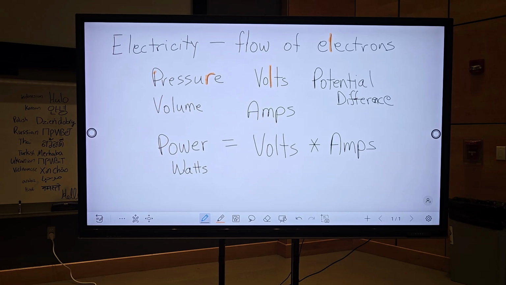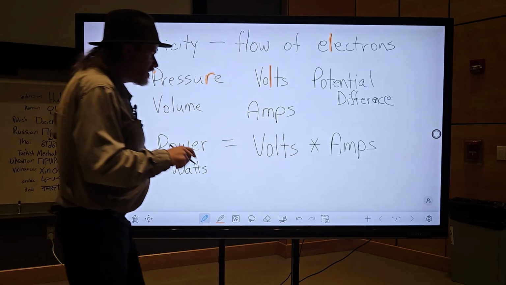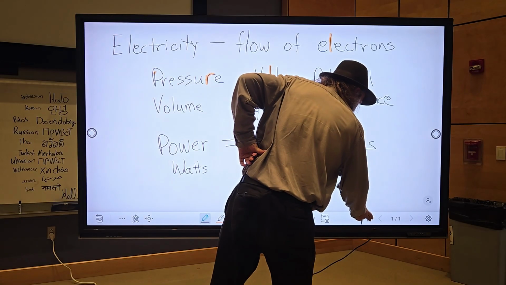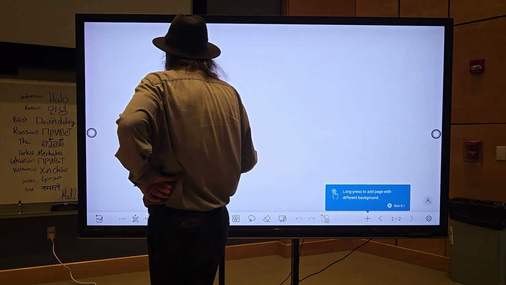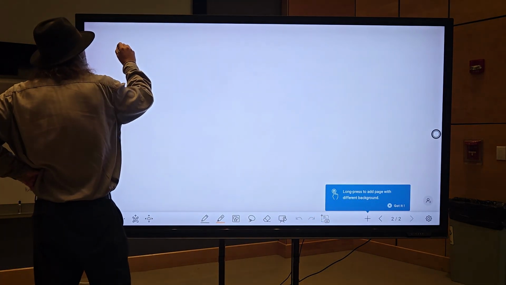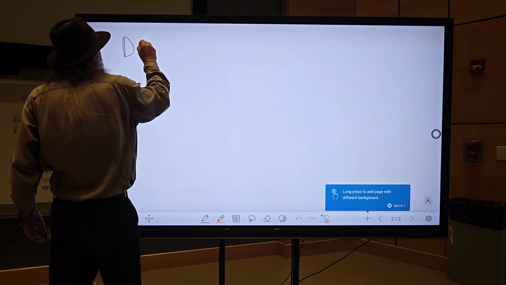Likewise, in electrical circuits, you'll have high voltage and low amperage. Some will have high amperage and low voltage. And various points in between. Now, there are basically two types of the flow of electrons. You have direct current.